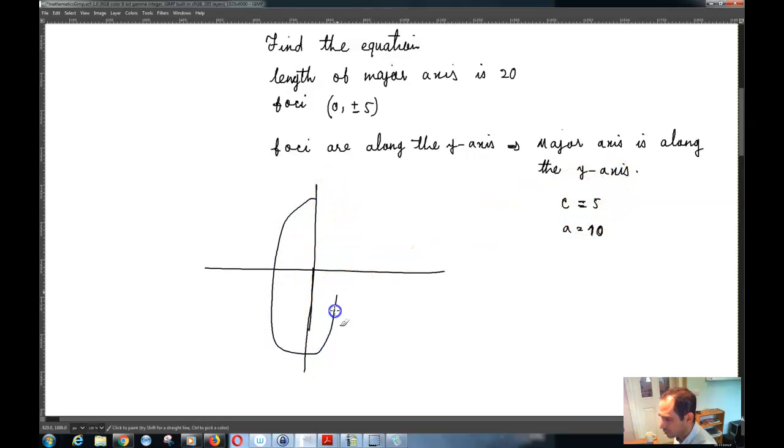For example, you would have something like this, and if this length is 20 units, then this would be 10 units, and this would be 10 units. That means that your A is equal to 10.